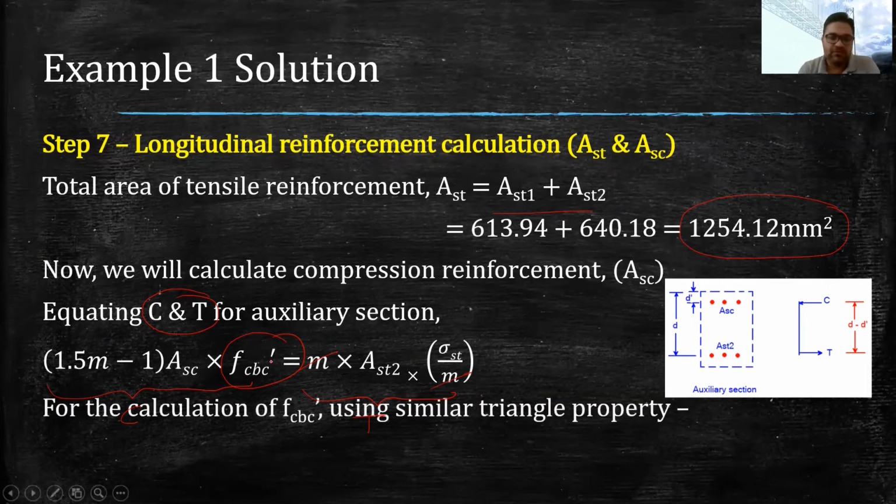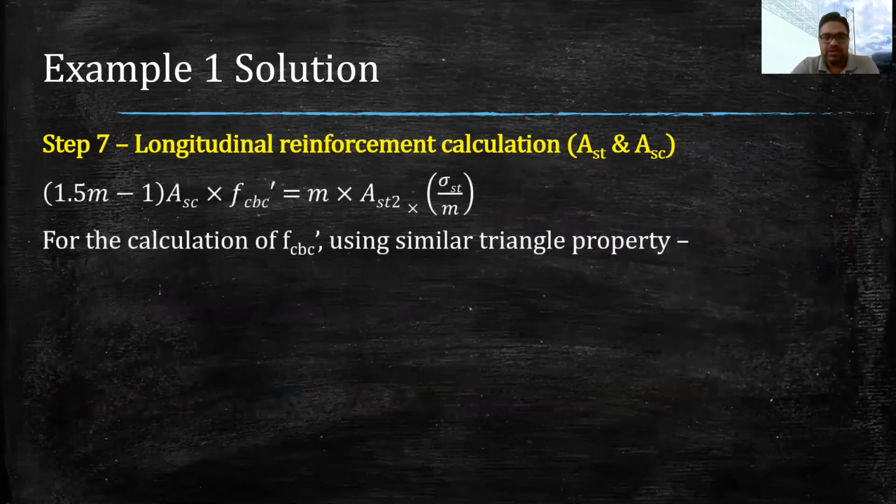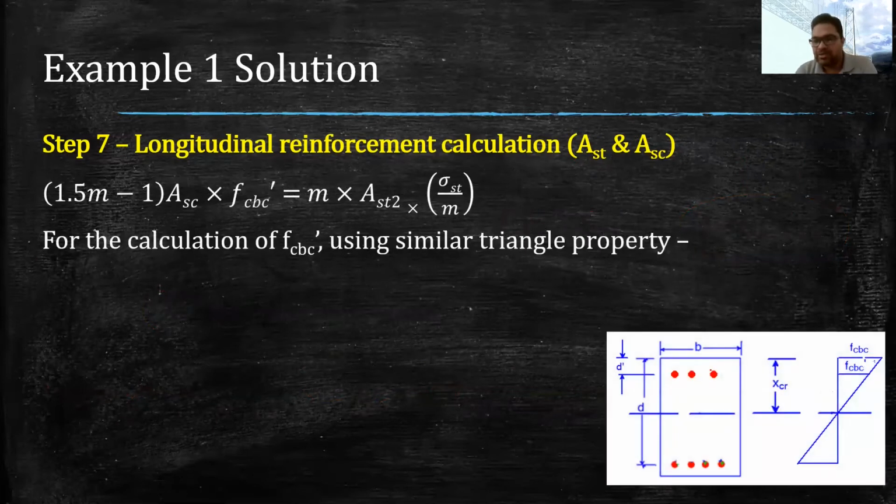That is what I have written. For the calculation of FCBC dash, we can use the similar triangle property. Now I will show you that diagram. There you can see this is the compression steel, and at this level the stress in the steel will be FCBC dash. This upper triangle is similar to this triangle, so the ratio of this and this will be equal to the ratio of this and this.